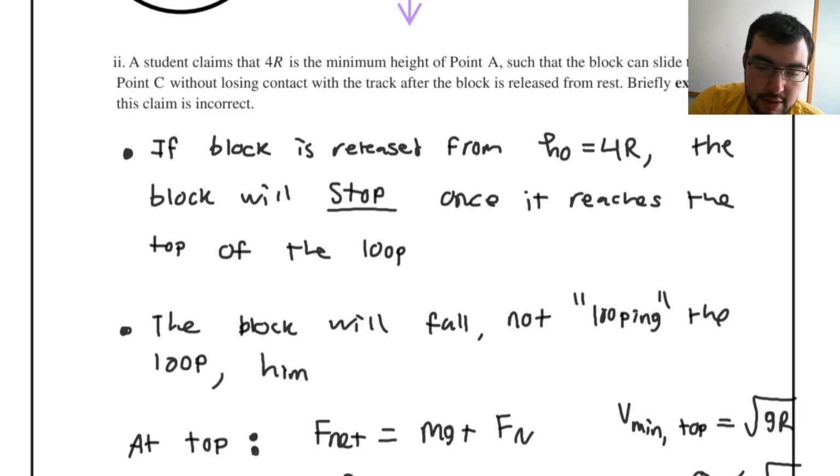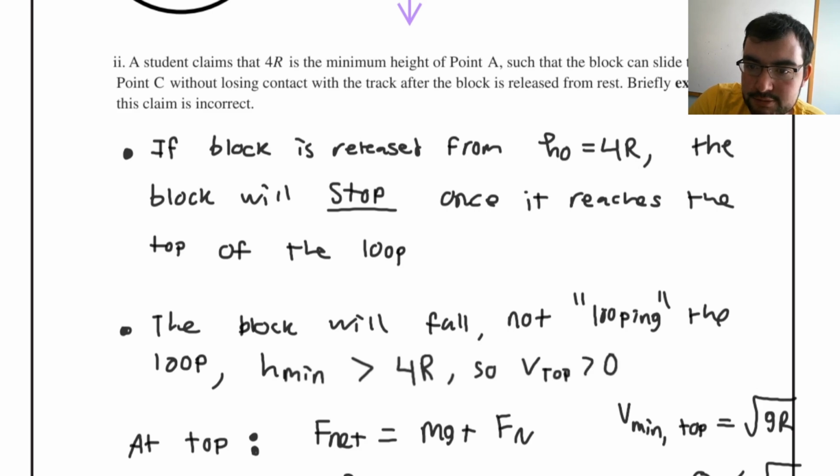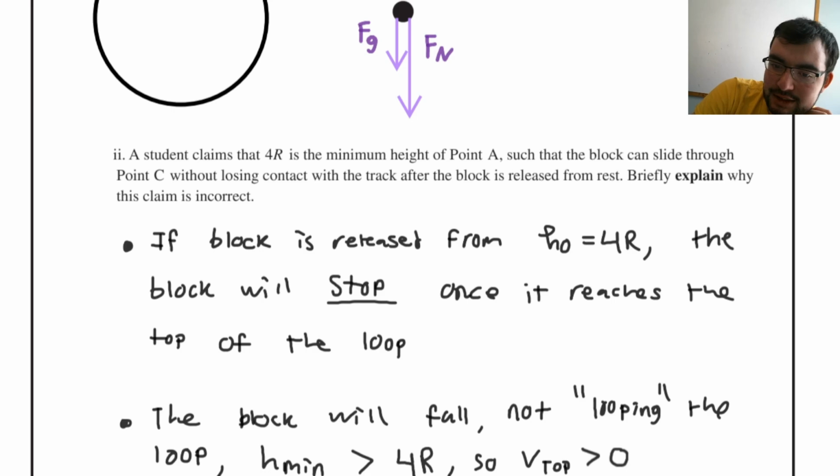So I'll actually make a connection here and say that H min has to be greater than 4R. So V top is greater than 0. That might be required. You might have to say that you need to drop it from a higher height than 4R so that your velocity at the top is not 0.